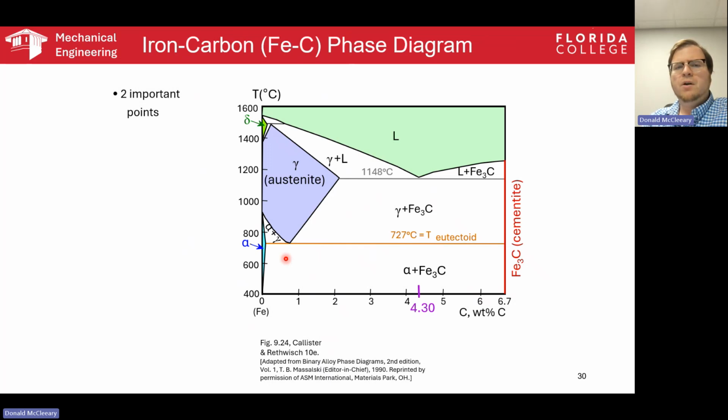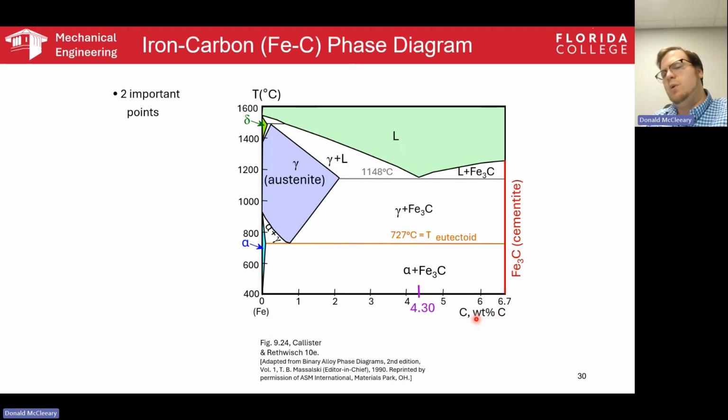Okay, so here is our wonderful, beloved Pikachu with his arm outstretched iron carbon phase diagram. So on one side, we've got cementite, which is Fe3C. On the other side, we have pure iron, right? So what we're doing is we're adding carbon.